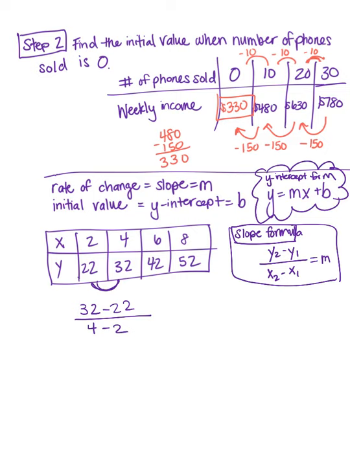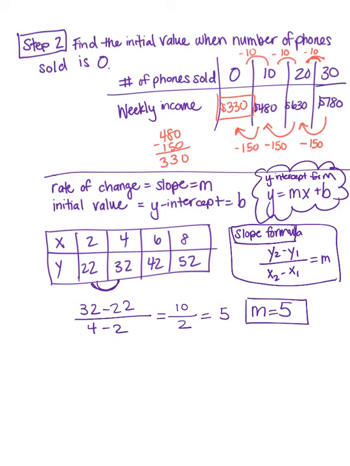So 32 minus 22 equals 10, and 4 minus 2 equals 2. If we reduce that, we get 5. So our slope m equals 5. Okay, so we've done half of it.